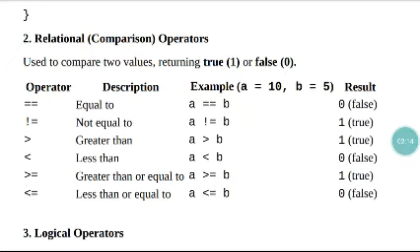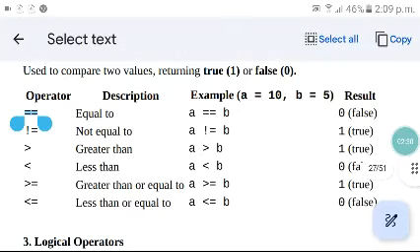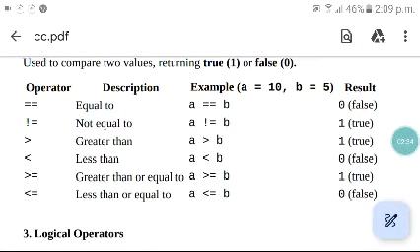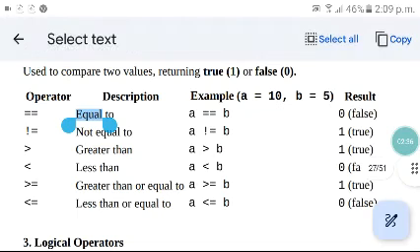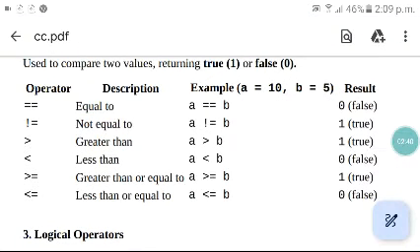You will see what relational operators are available in C. In what way can a comparison be made? The comparison can be made as equal to. You should use the symbol that is shown as double equal, but it is read as equal to.